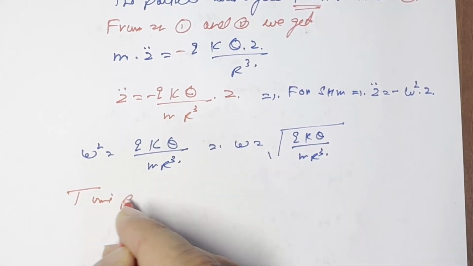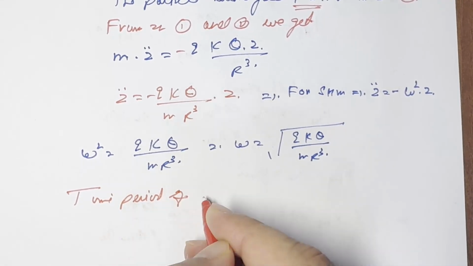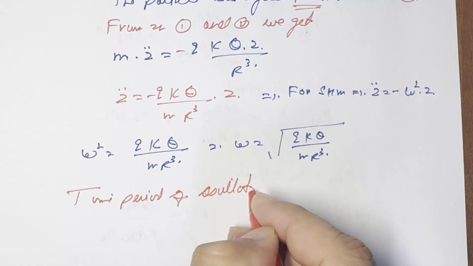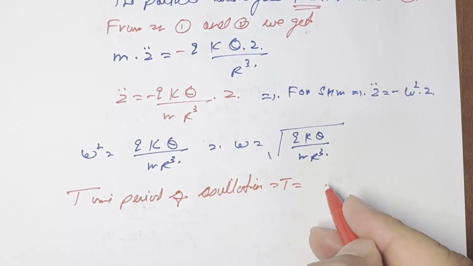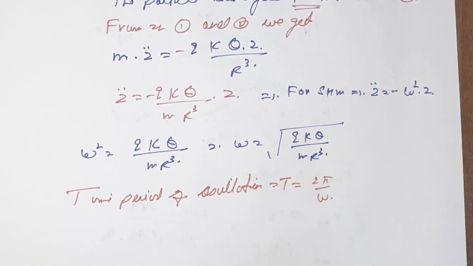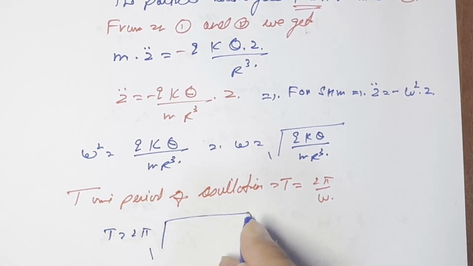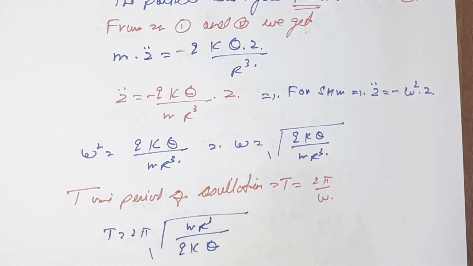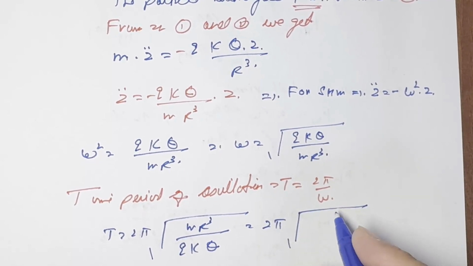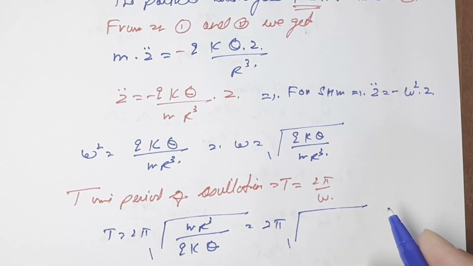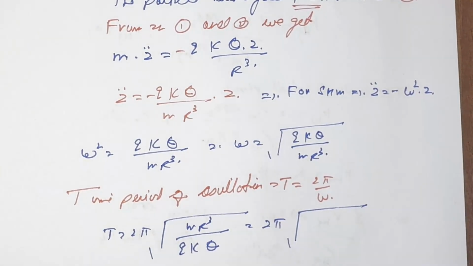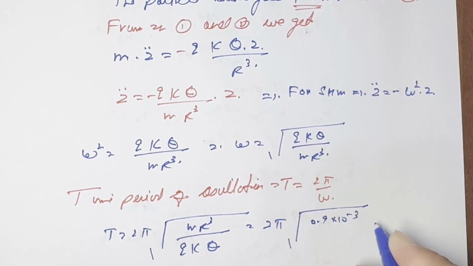The time period of oscillation, which is given as T, is equal to 2 pi upon omega. So T is equal to 2 pi times the square root of m R^3 upon q k Q. Substituting the values: mass is given as 0.9 gram, so this will be 0.9 × 10^-3.